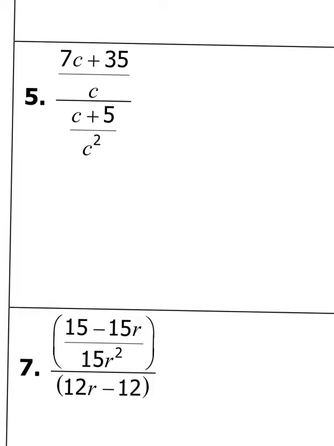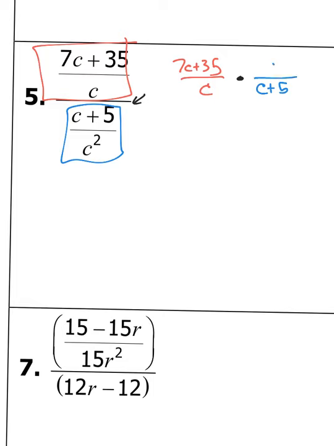All right, next. Again, same thing. Write the first fraction, change the division to multiplication, and I'm flipping the second fraction. Now I'm going to look to factor. For the first expression, I can factor out a GCF up the top.